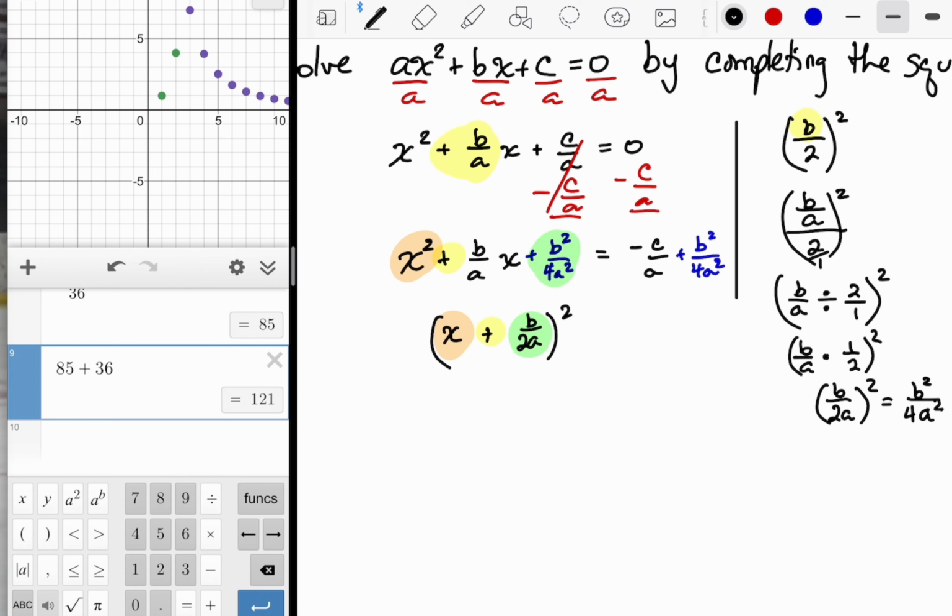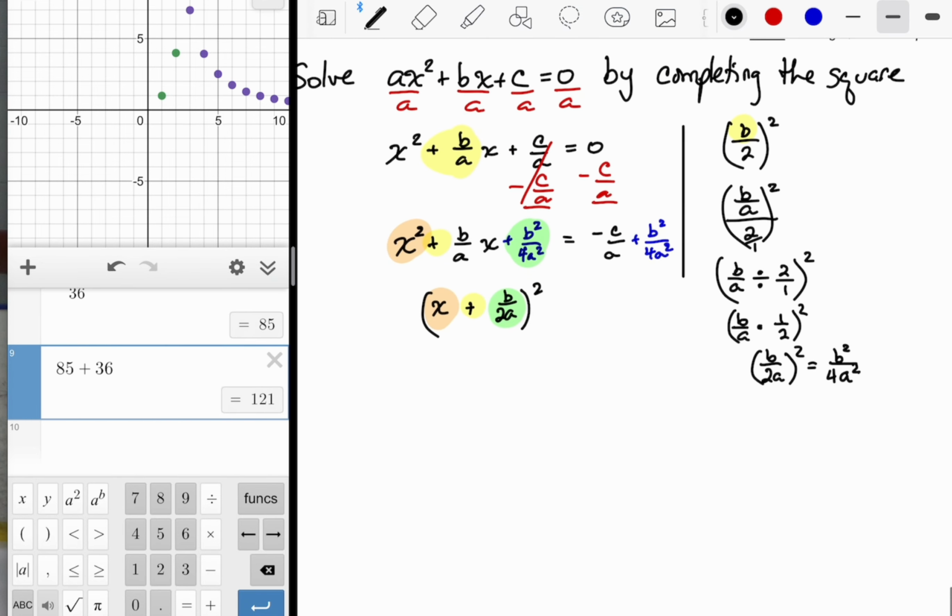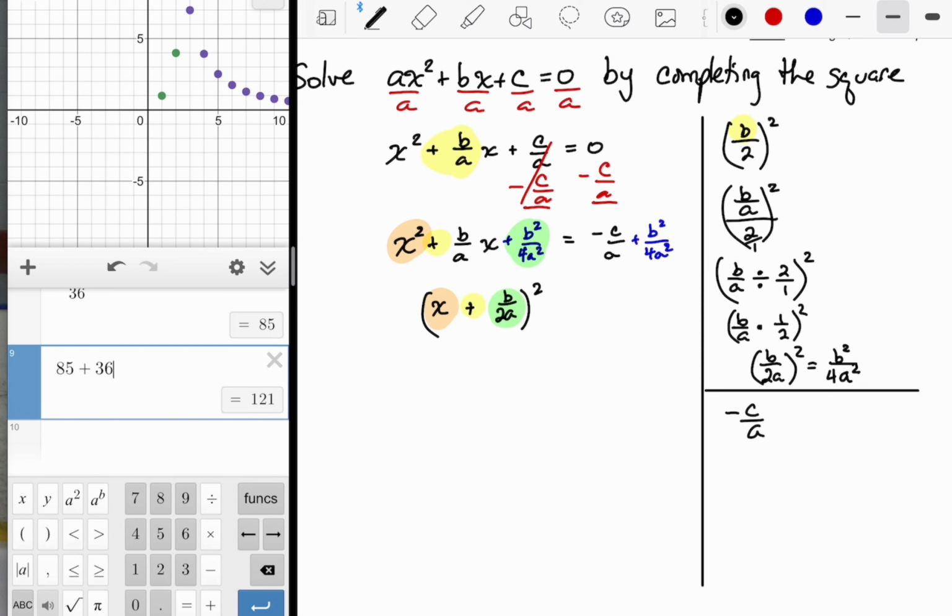Now on the right-hand side, a little bit of a different story. I'm going to do a little bit more side work there. I'm going to extend my side work line here, kind of partition it off. I'm going to take the negative c over a and add to it b squared over 4a squared.